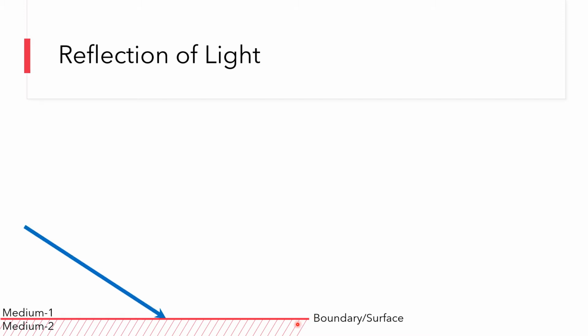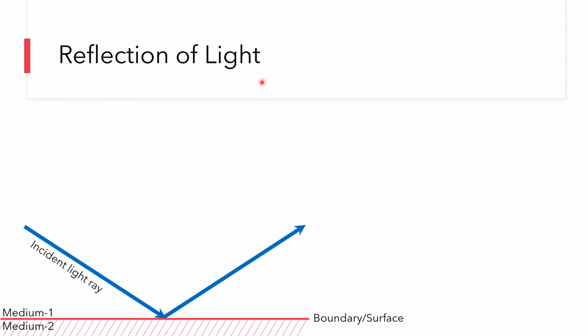Say this is the light ray falling onto the surface, and if the light ray is sent back into the same medium. See here, the light is coming from medium 1, and it is sent back into the same medium after falling onto the surface. This phenomenon is called the reflection of light.